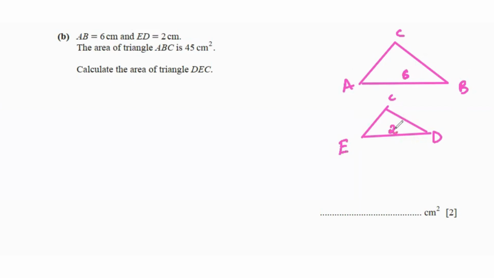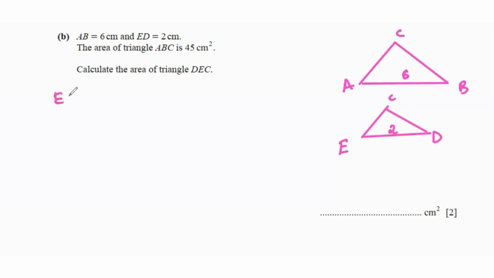ED is 2. So as you can see, the length AB corresponds to the length ED, because as we said, both the triangles were similar. We proved that in the previous part. If the triangles are similar, if the angles are similar, the lengths are also going to be similar.